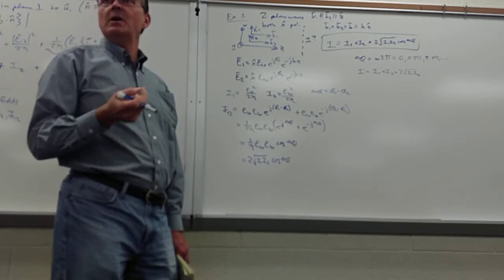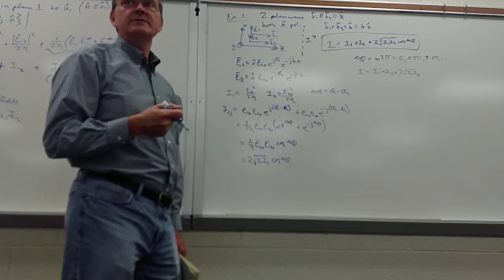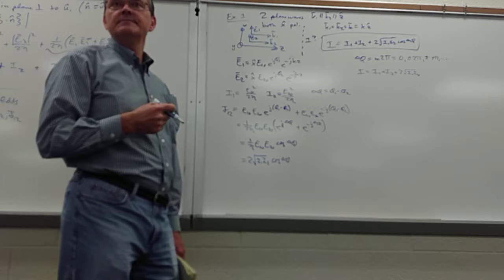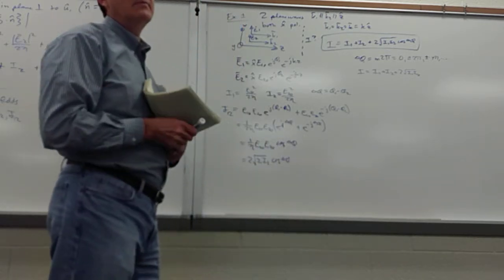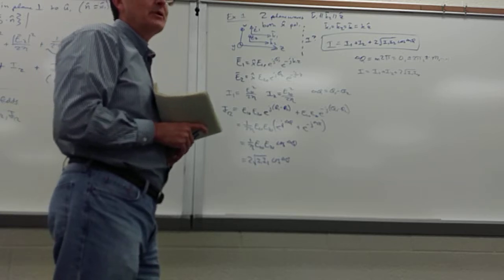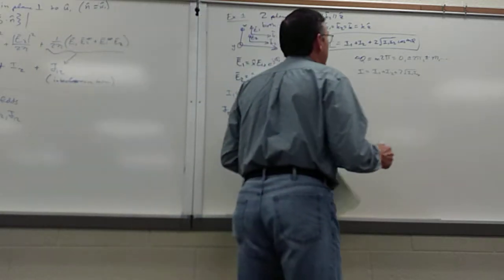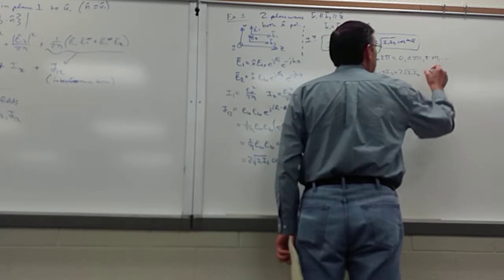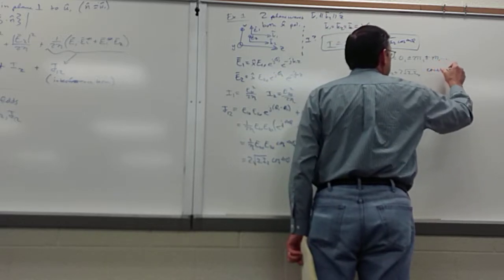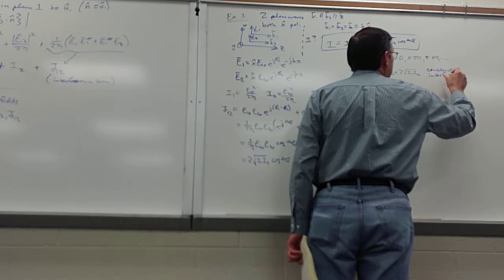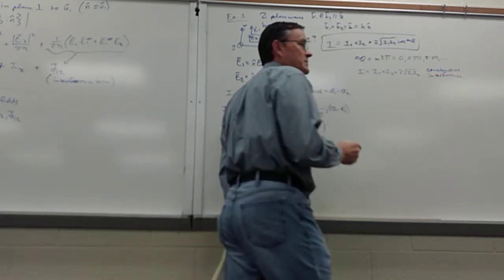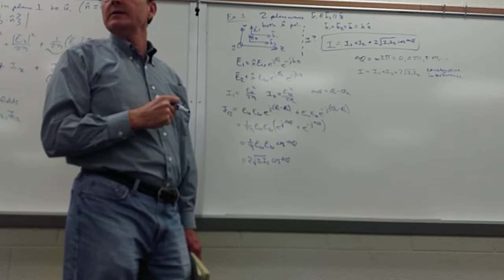So the interference term is positive. It adds to the sum of the individual irradiances. This is the meaning of constructive and destructive. So we call this constructive interference. The interference term is adding to the sum of the irradiances.